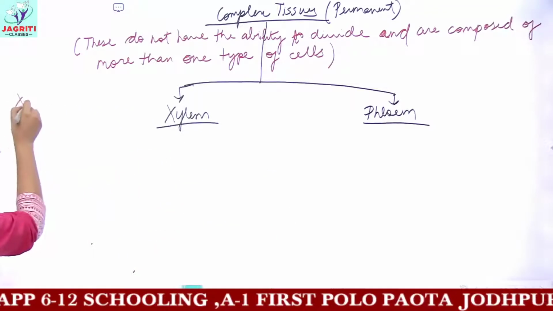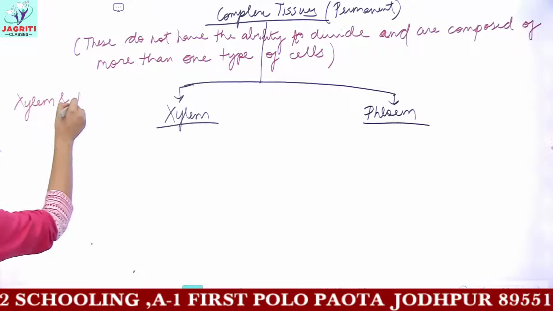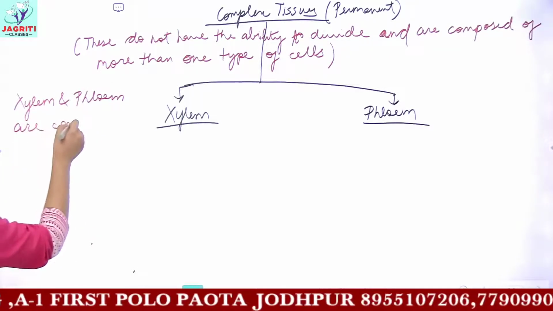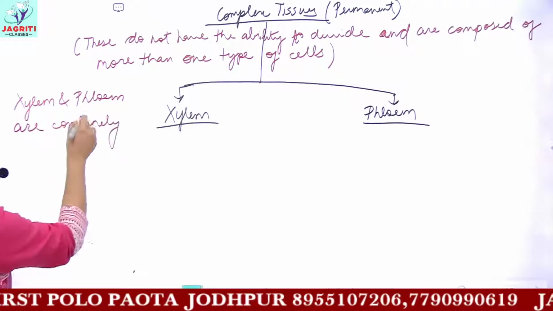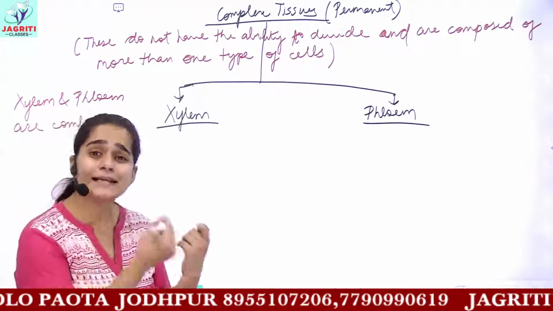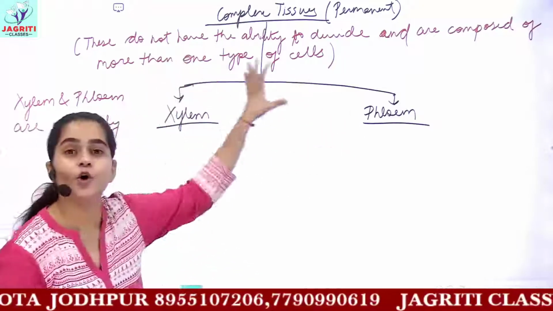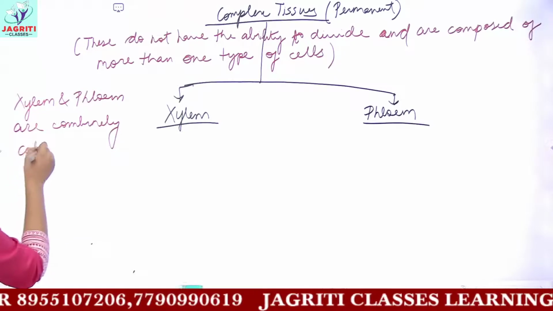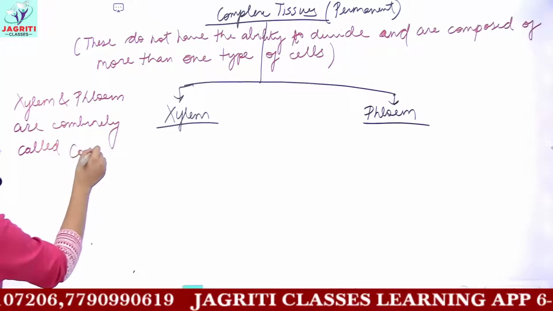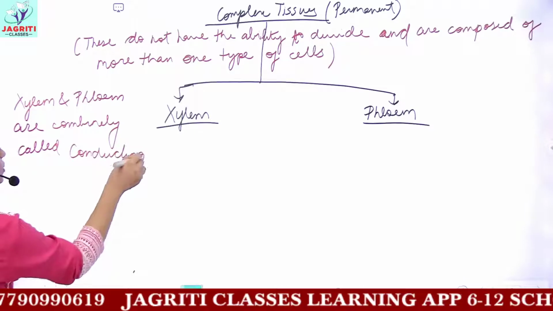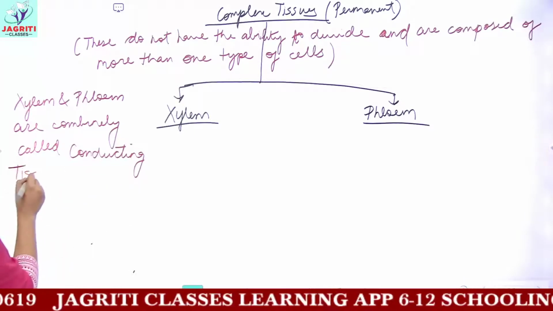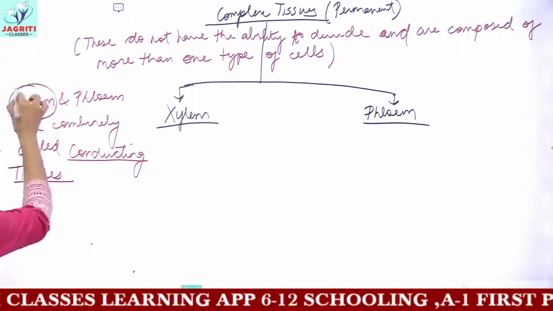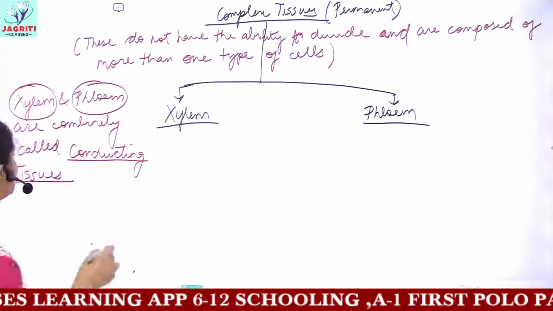And xylem and phloem, if you want to give a single name to them all together, are combinedly called conducting tissues. So if you are asked what you mean by conducting tissues, or what is an example of conducting tissues, you would say that xylem and phloem are your conducting tissues.